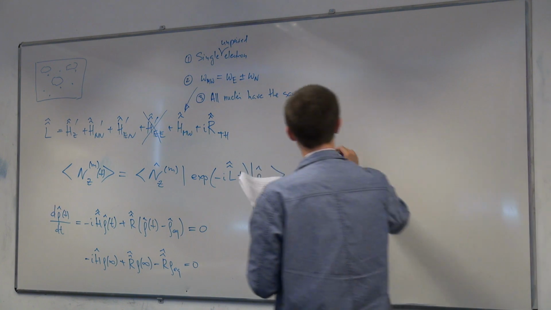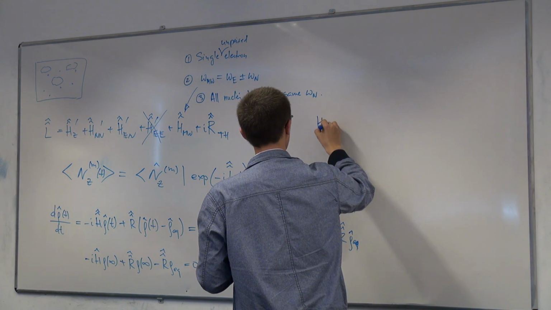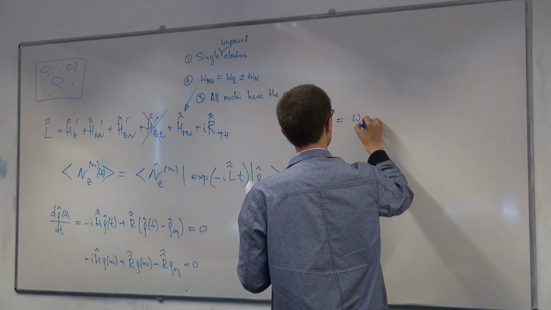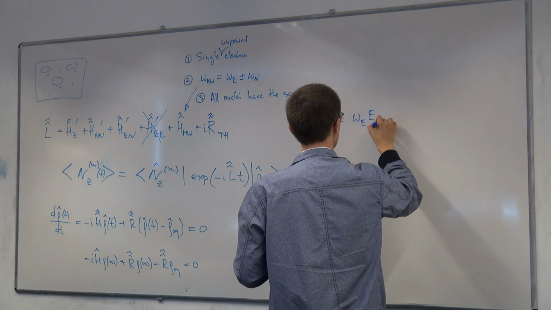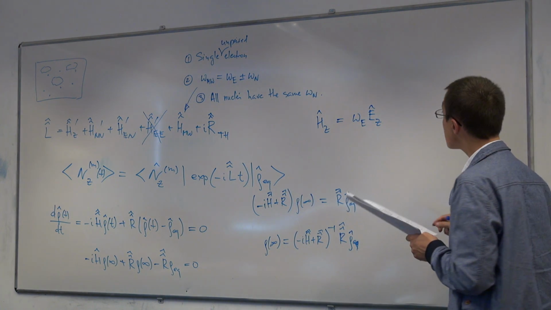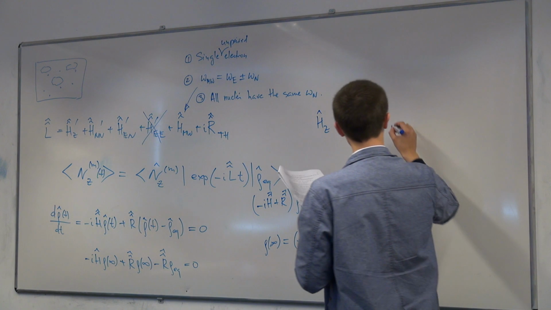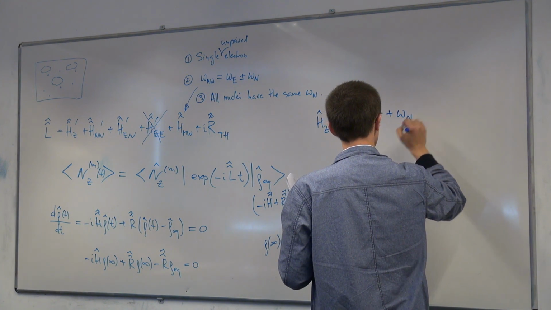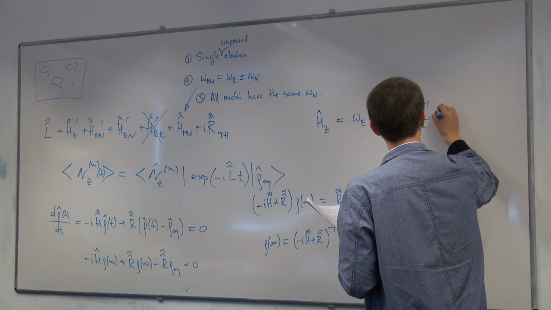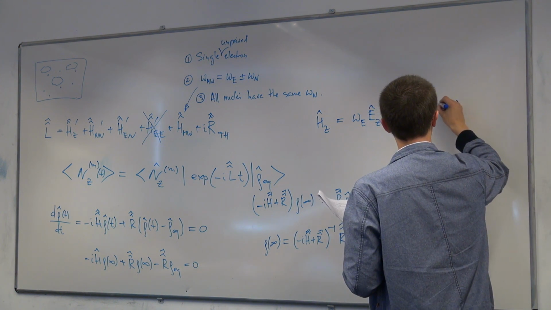So our Zeeman Hamiltonian, Hz, simplifies very considerably. It becomes just omega e Ez, one term because we only have a single unpaired electron, and then the same frequency omega n for all the nuclei, a sum over k of Izk.